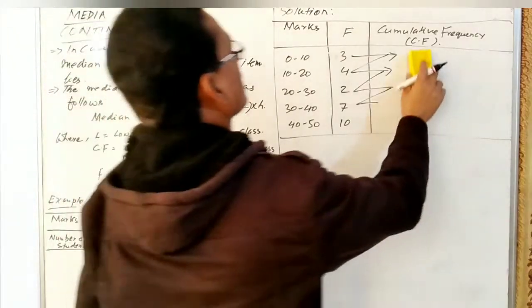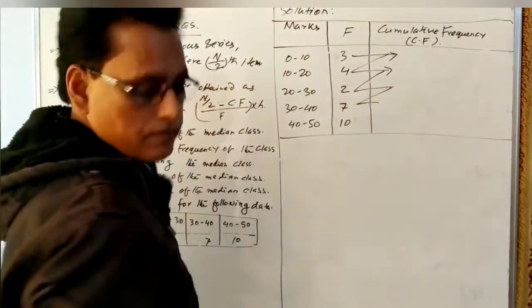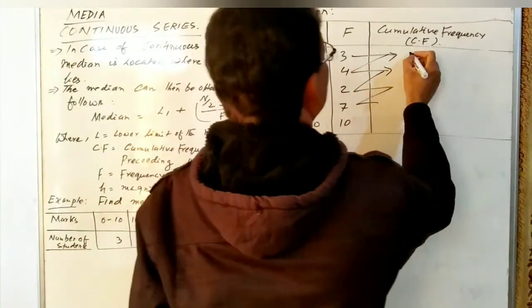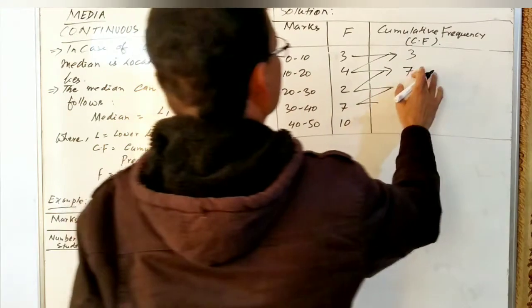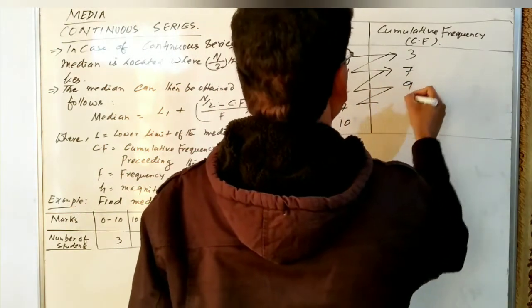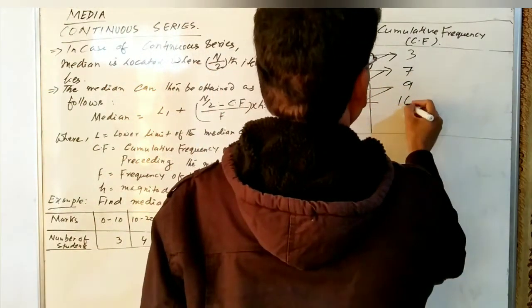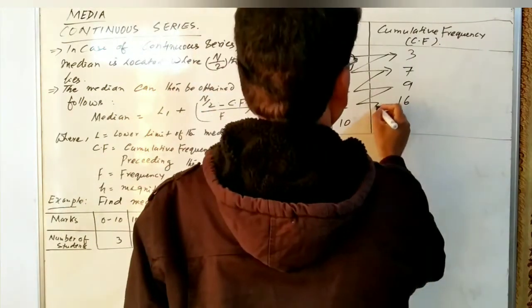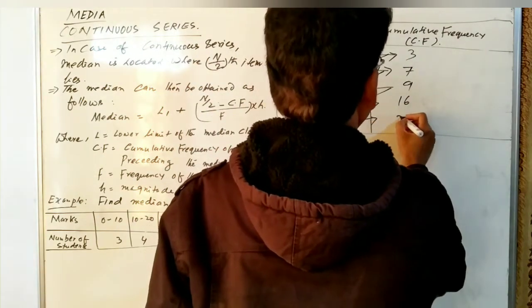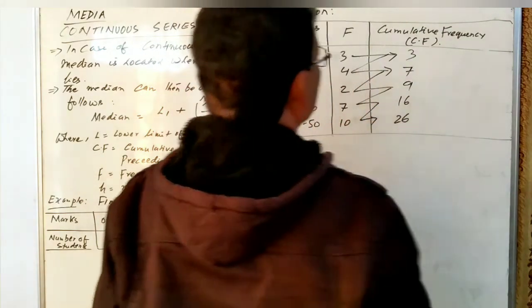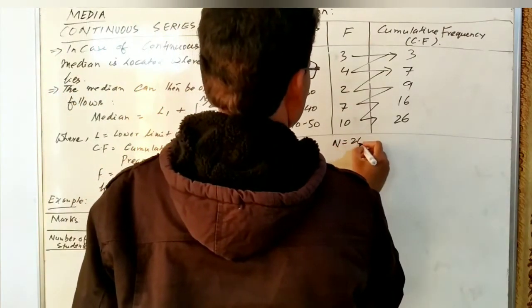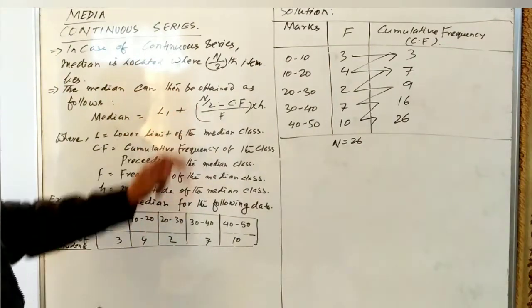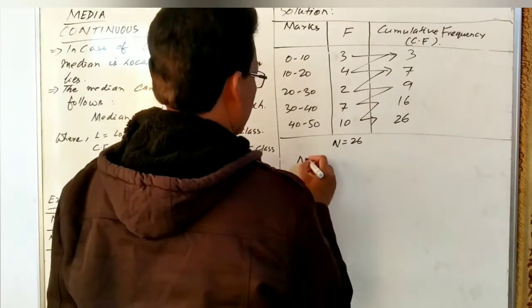Let us calculate the cumulative frequency. 3 plus 4 is 7, 7 plus 2 is 9, 9 plus 7 is 16, 16 plus 10 is 26. So here the total is 26. Now we can find n upon 2.